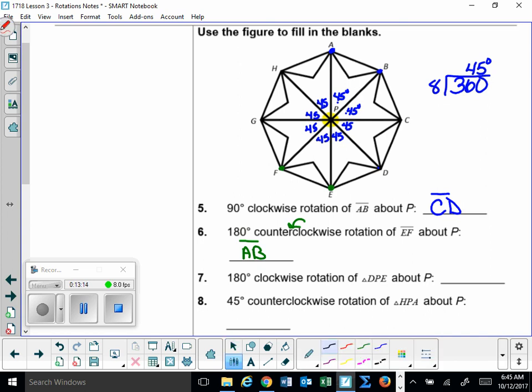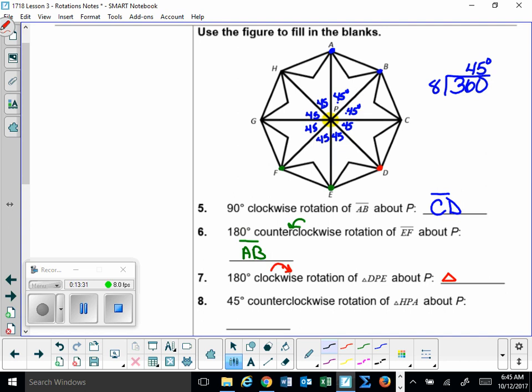Now we're going to rotate a triangle. So our answer has to be a triangle. I'm going to put the little baby triangle symbol there to start. We're going 180 degrees clockwise to the right. Let's start with point D. I'm going right.